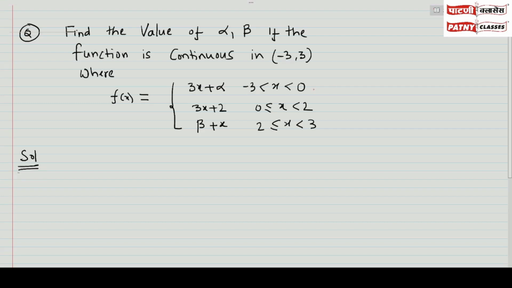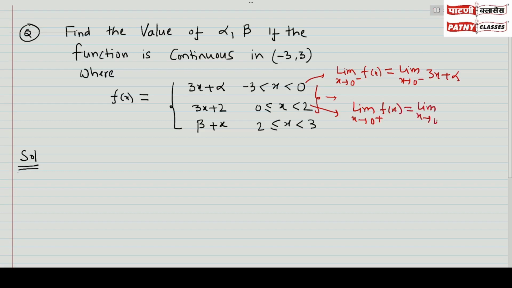Now the logic behind solving this question is, from the first equation we get limit x tending to 0 minus f of x equals limit x tending to 0 minus 3x plus alpha, and from the second equation we get limit x tending to 0 plus f of x equals limit x tending to 0 plus 3x plus 2.